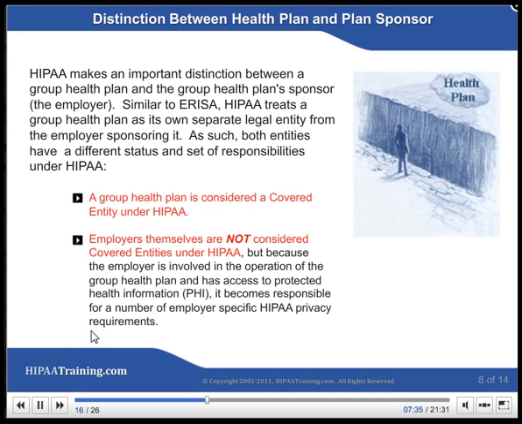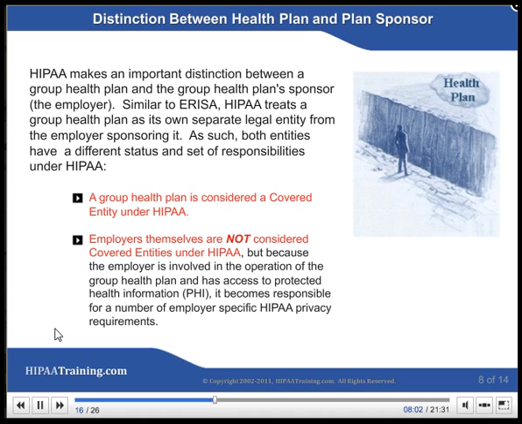Distinction between health plan and plan sponsor. HIPAA makes an important distinction between a group health plan and the group health plan's sponsor, the employer. Similar to ERISA, HIPAA treats a group health plan as its own separate legal entity from the employer sponsoring it. As such, both entities have a different status and set of responsibilities under HIPAA.